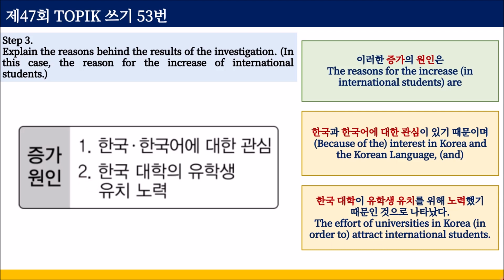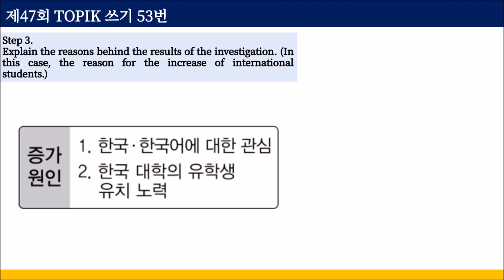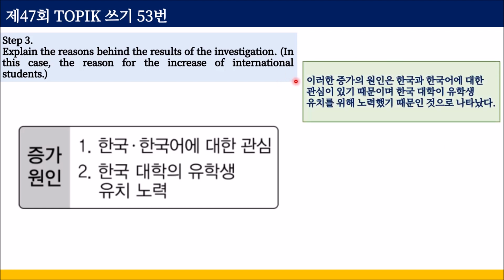Let's now combine these phrases to make the interpretation or explanation of the increase in international students. It will be like this. 이러한 증가의 원인은 한국과 한국어에 대한 관심이 있기 때문이며 한국 대학이 유학생 유치를 위해 노력했기 때문인 것으로 나타났다.